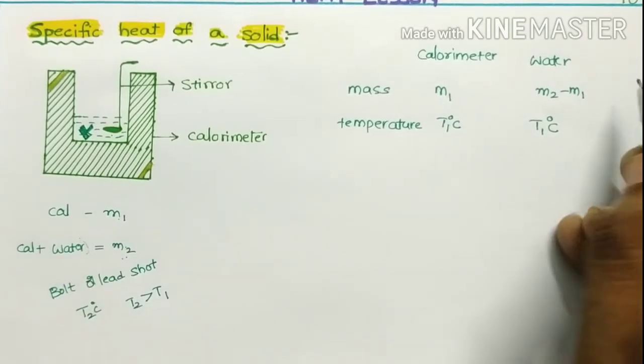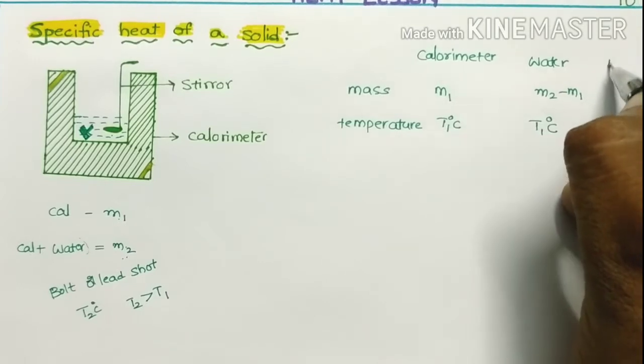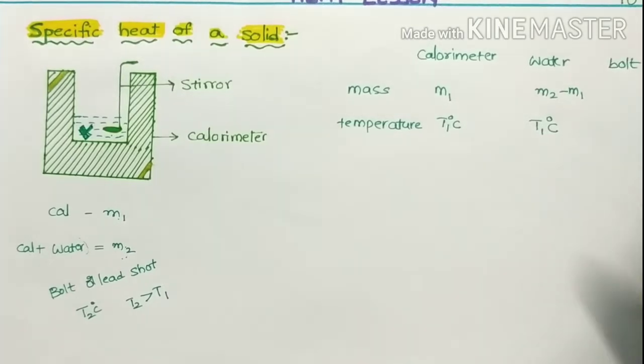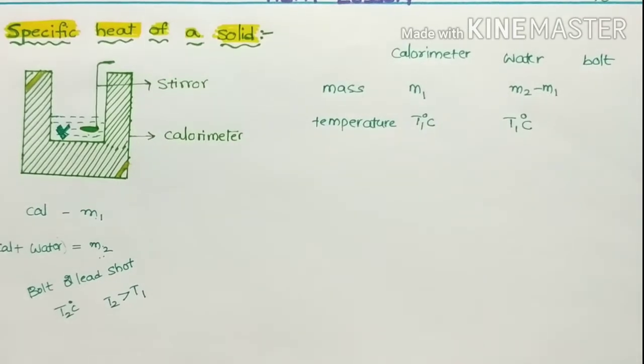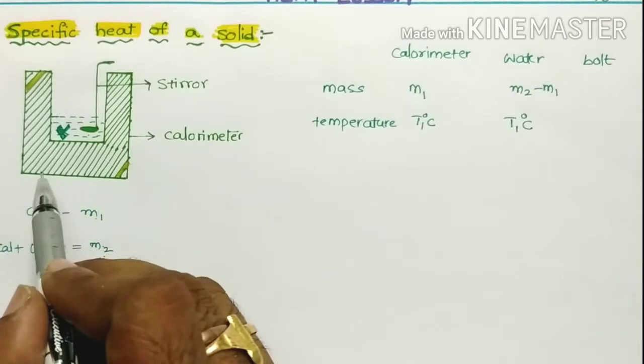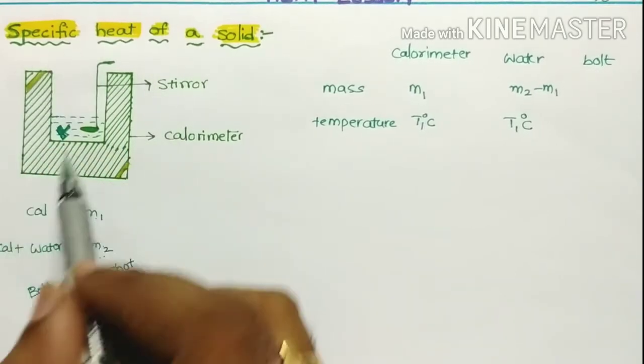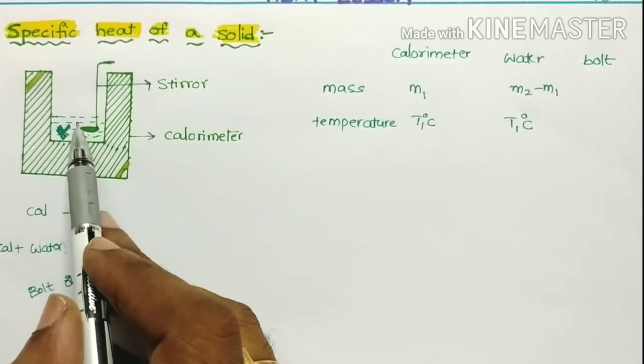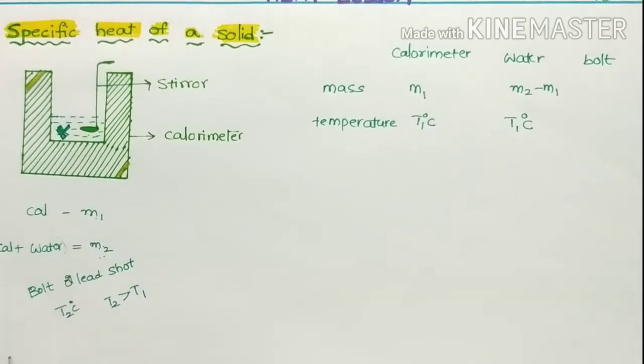Now let's find the mass of the bolt. How can we find it? Let's measure the mass of the whole apparatus, that is calorimeter plus water plus bolt, and let it be m3. The mass of calorimeter plus water is m2 and the mass of calorimeter plus water plus bolt is m3.